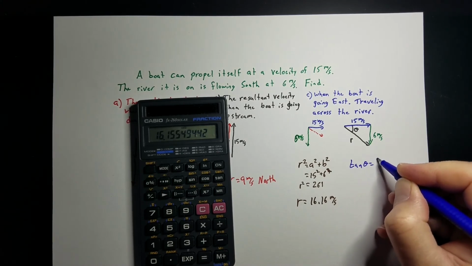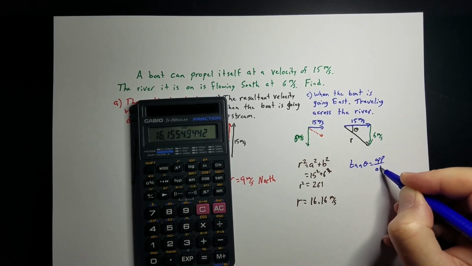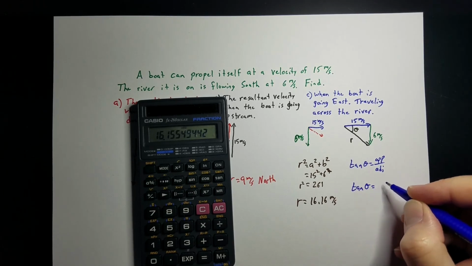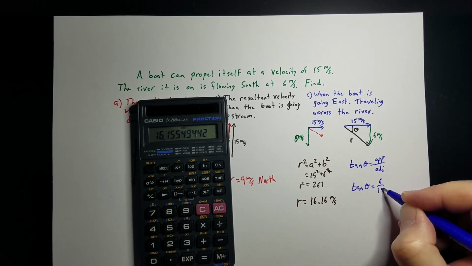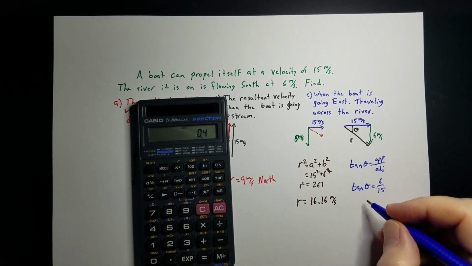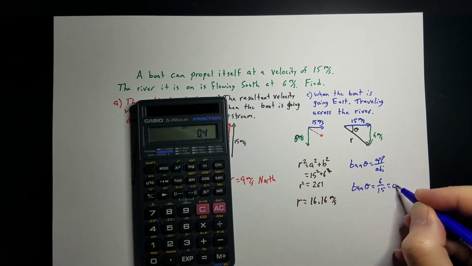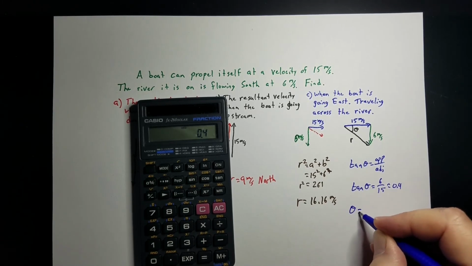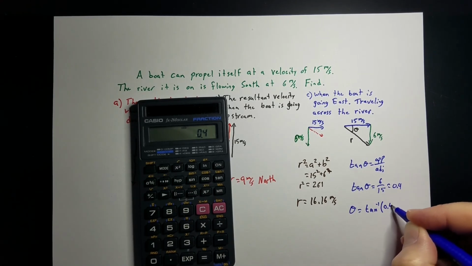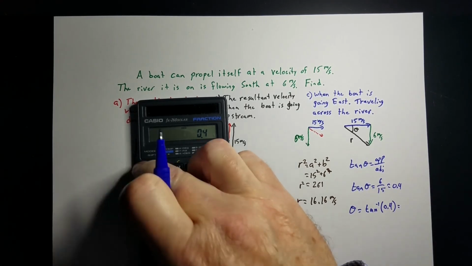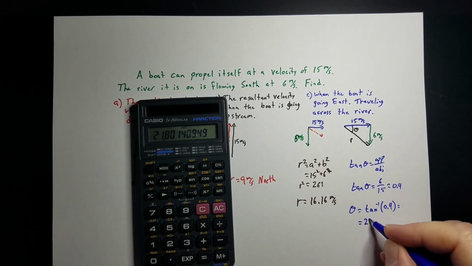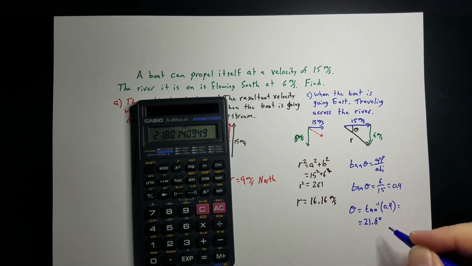And for the angle, tangent of theta is opposite over adjacent. So tangent of theta is going to be 6 over 15. 6 divided by 15 gives me 0.4. So theta will be the inverse or arctangent of 0.4, which is 21.8 degrees.